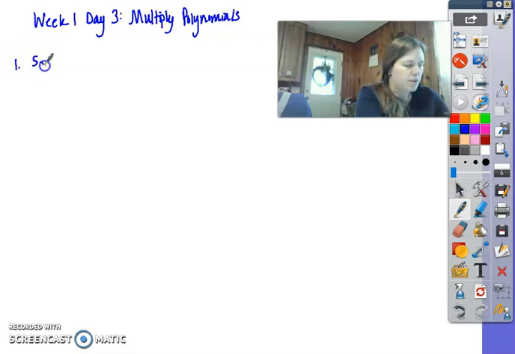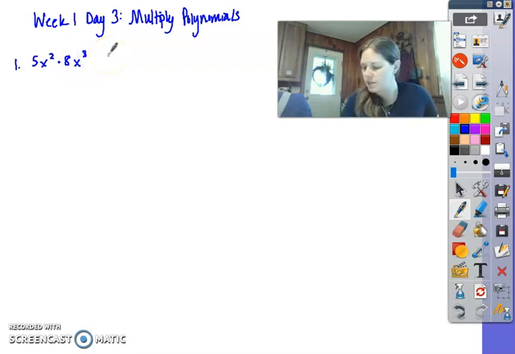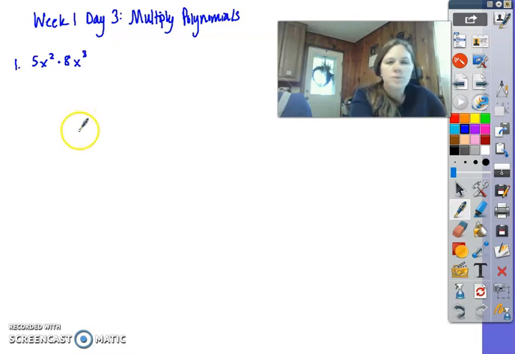So number 1 will give us 5x squared times 8x to the third, otherwise known as 8x cubed. When we're multiplying, this is just monomial times monomial, by the way. When we're multiplying monomials, we take those coefficients, so 5 and 8, and we multiply. So 5 times 8, 40.